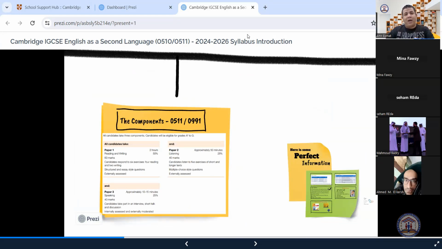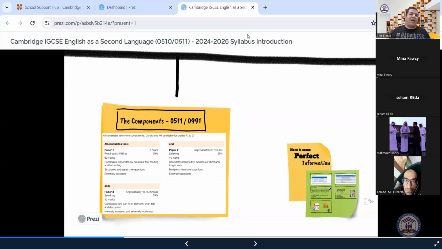Know the components of the other 2 codes. The other 2 codes are 0511 and 0991. The same difference between 0510 and 0993 is here also. 0511 is different from 0991 in the grading system.